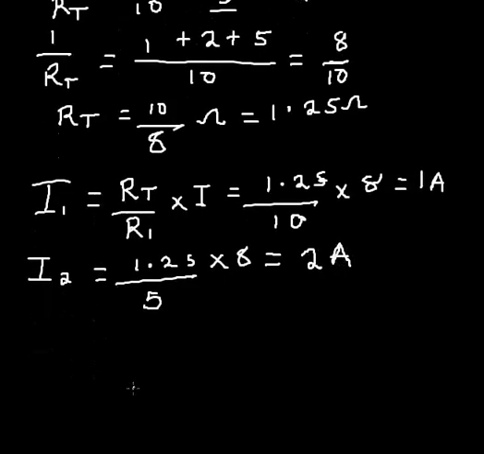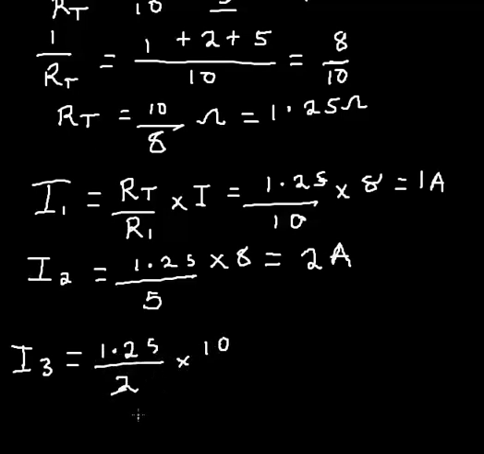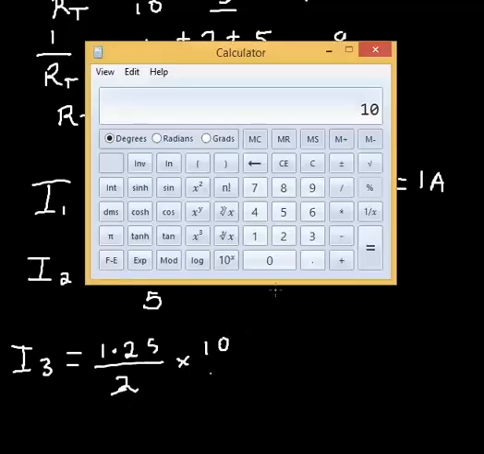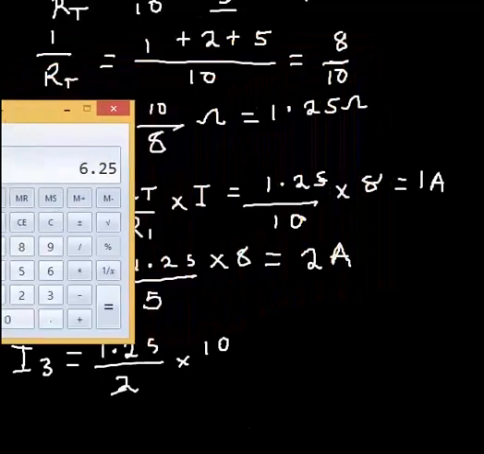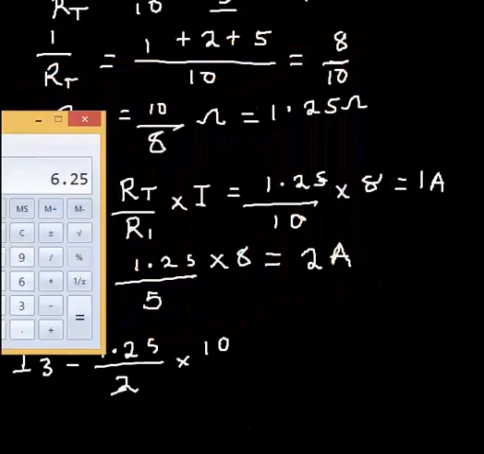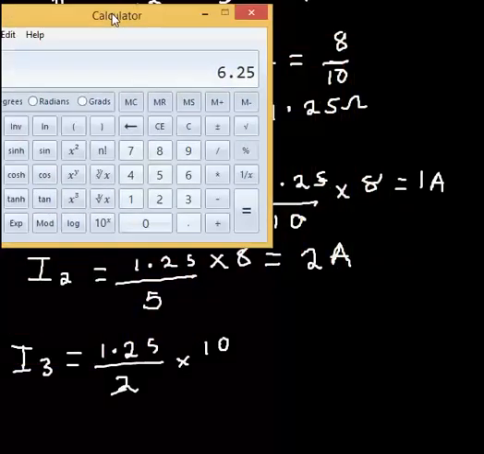Then I3, 1.25 divided by 2 times 10 ampere. Okay, so I'm having 10 divided by 2, that's 5. 5 times 1.25. That's 6.25, right? Is that 6.2?